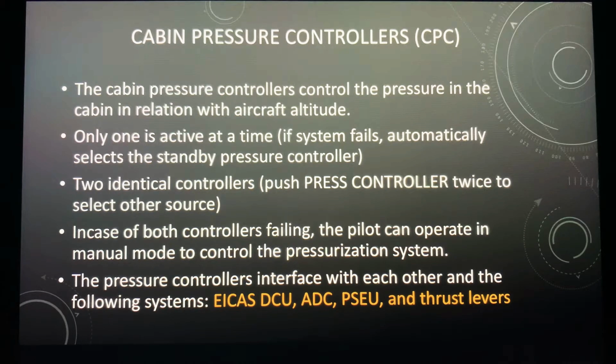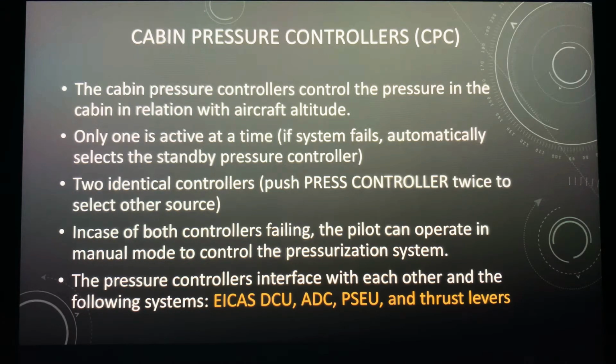The cabin pressure controllers control the pressure in the cabin in relation to the aircraft altitude. Only one is active at a time, and if that single pressure controller fails, the system automatically selects the standby pressure controller. There are two identical controllers, and by selecting the press controller button twice, the pilot can select the other source if desired.